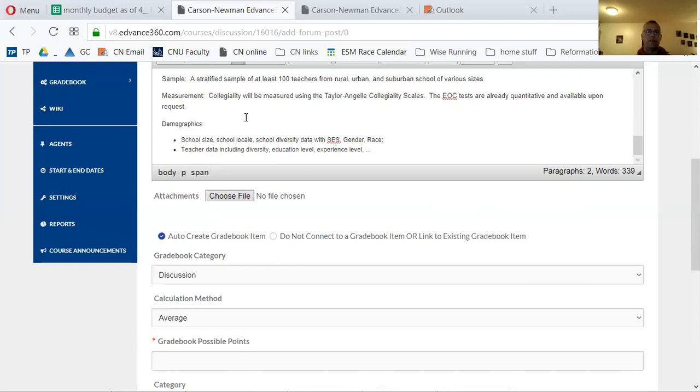This part is the diversity among the teachers, including education level, like bachelor's, master's, EdS, doctoral, and how long they have been teaching. These are just some of the normal variables collected. I might add how many years they've been at that school as opposed to just their experience level, because that will affect the collegiality.